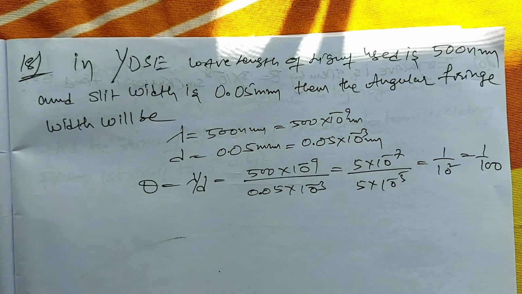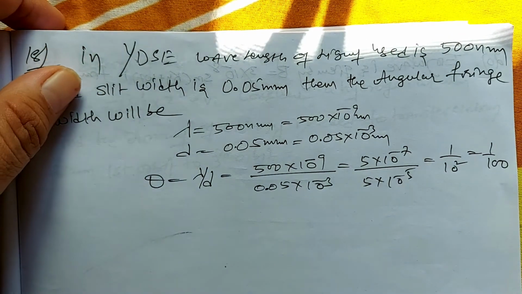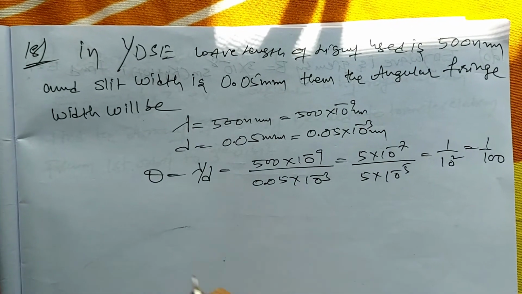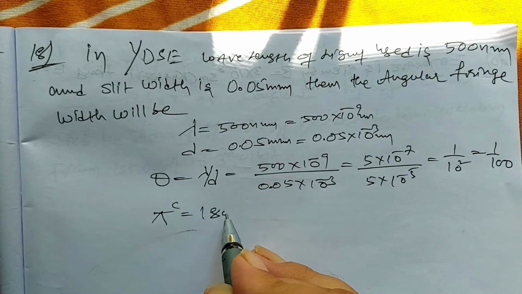Now, the angular fringe width is given in radians, and we need it in degrees. We know that pi radian is equal to 180 degrees.